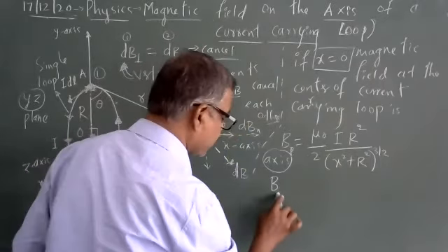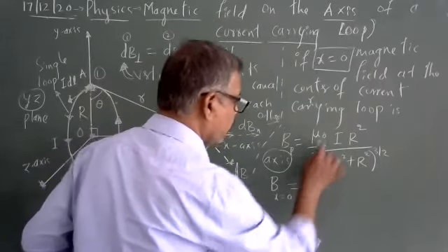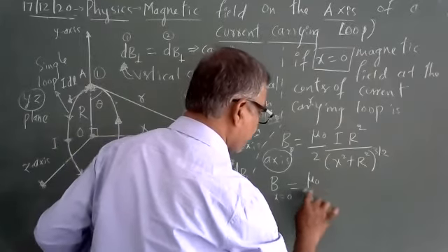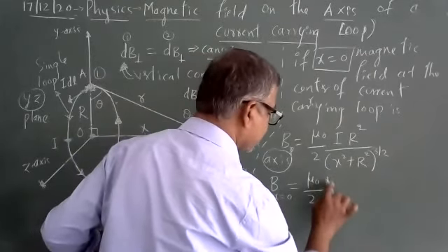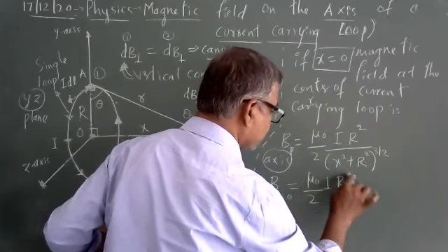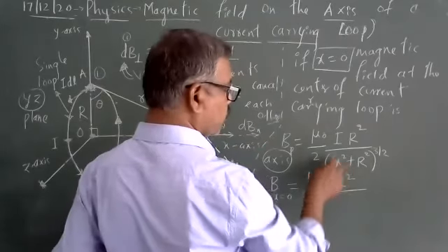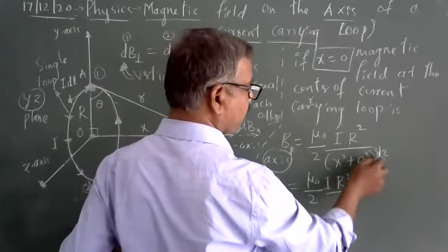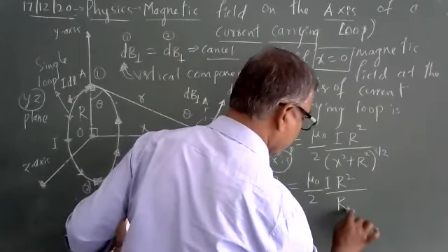Now, if x equal to 0, this whole equation reduces to the magnetic field at the center of the loop, which is going to be mu 0 upon 2, I as it is, r square as it is. If I substitute x equal to 0, x square vanishes, and the power 3 by 2 leaves r cube.